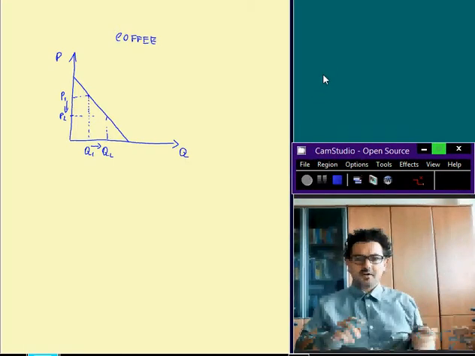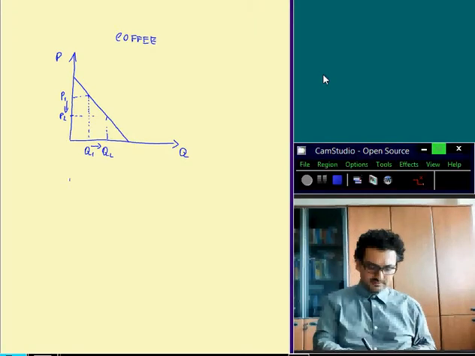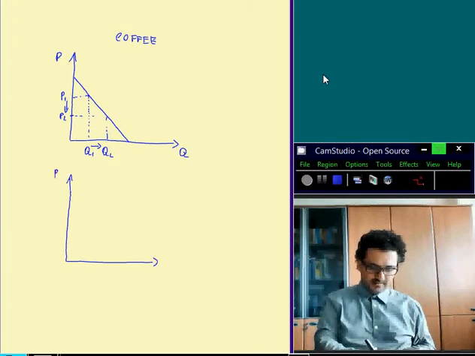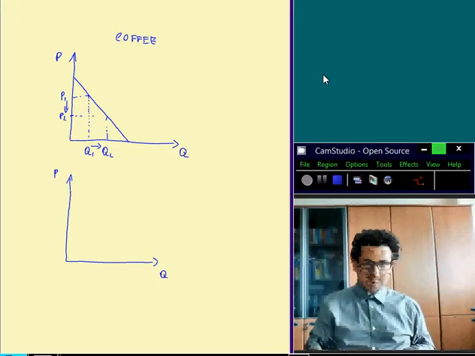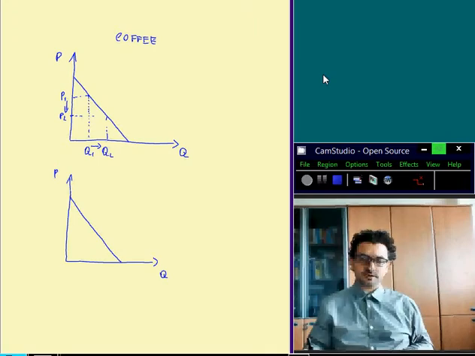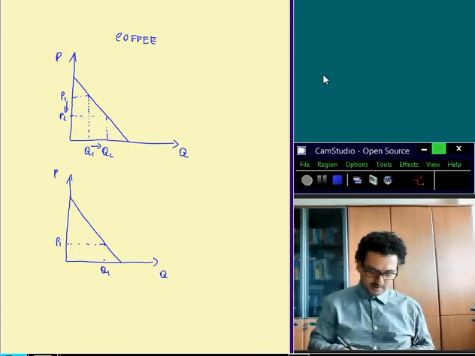We can consider also the effect of an increase in the price for coffee. For instance, we can do this picture again. We consider the relation between price and the demanded quantity for coffee. This is an inverse relation or a decreasing relation. Suppose that the price is initially equal to P1. This identifies a demanded quantity equal to Q1.